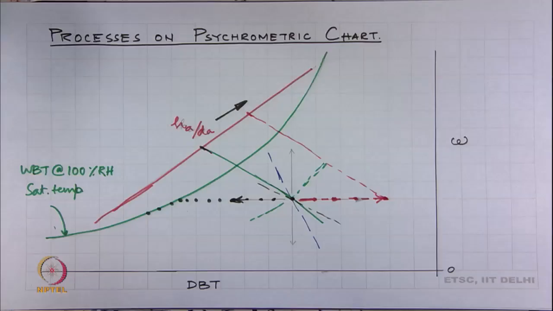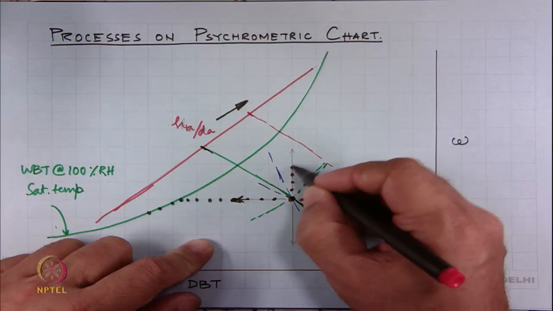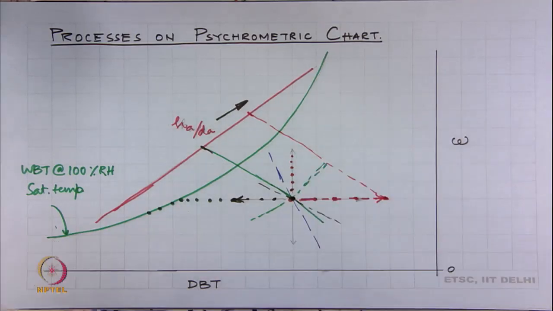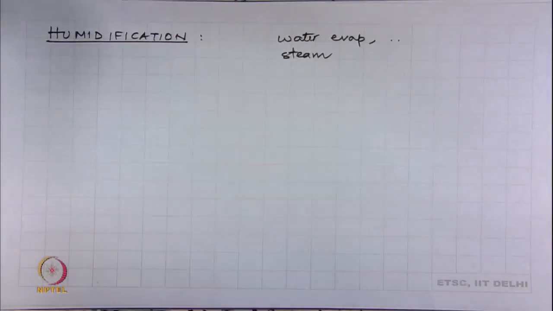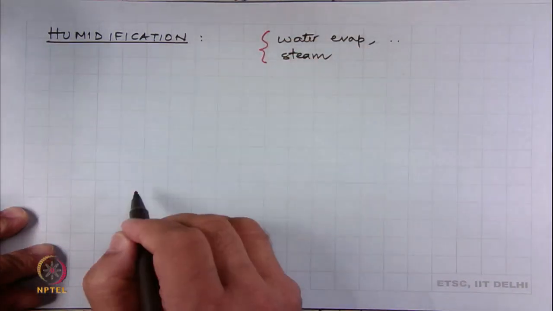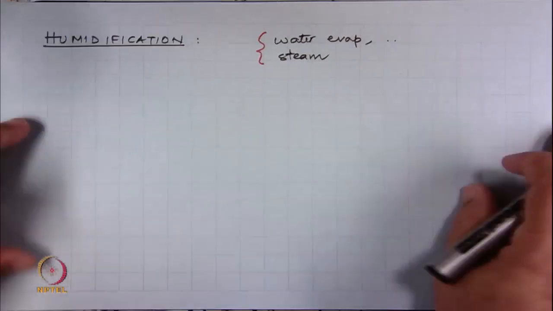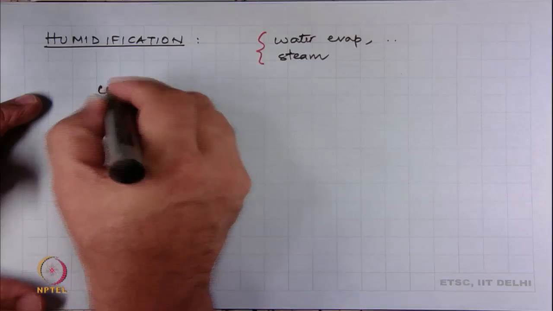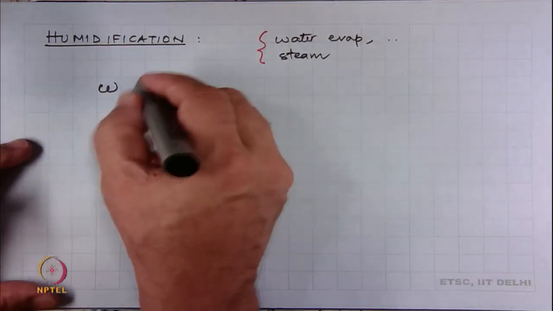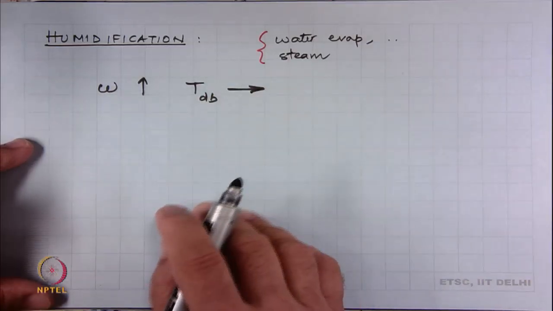One where we do pure addition of humidity. That means, we started from this state and we start going in these states. This is called humidification, and this can be either done by evaporating water and heating it, or by introducing steam in it. So, when you do that, what we are seeing on that particular chart, the psychrometric chart tells us that we are adding moisture in such a way that omega increases, but the dry bulb temperature is held constant.